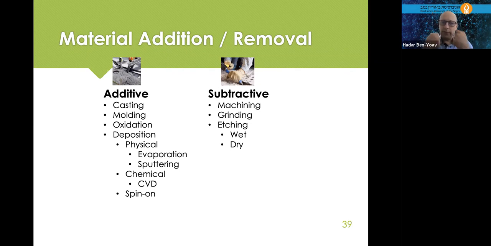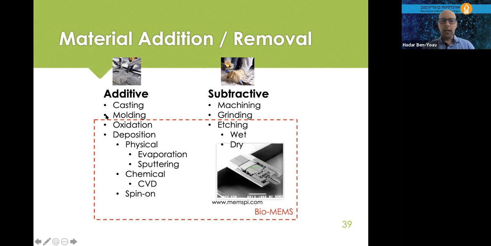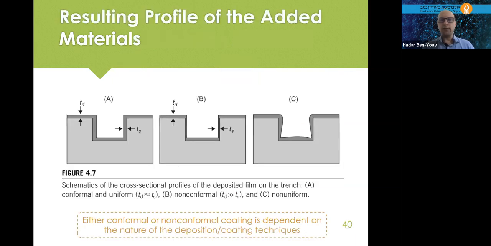Etching is removing the material by using wet solutions or even under dry conditions. The techniques that I showed here inside the rectangle are the ones we use to build our bio-MEMS or lab-on-a-chip devices. So let's go and see what it means.